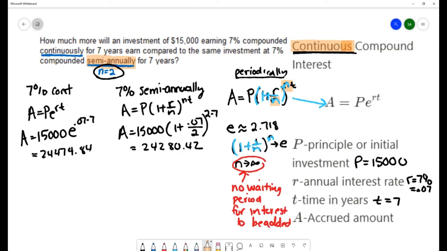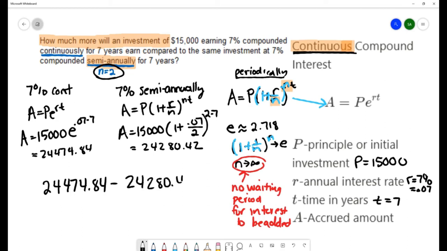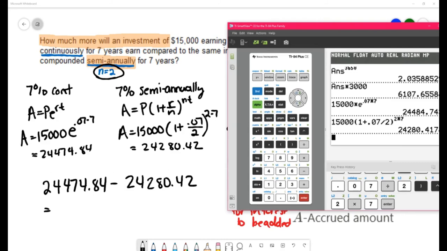So we want to know how much more the investment compounded continuously will make compared to the investment compounded semi-annually. So we want to subtract these two values, 24,474.84 minus 24,280.42. Let's see how much more we make by investing our money continuously.